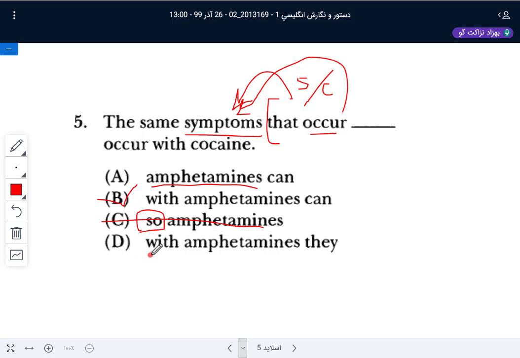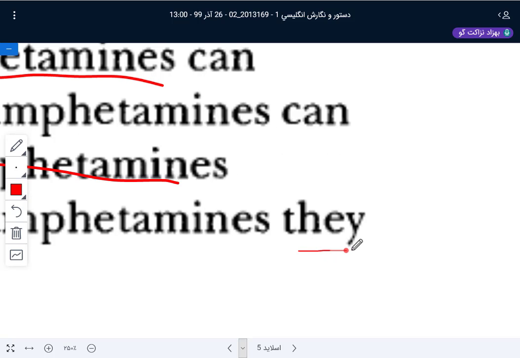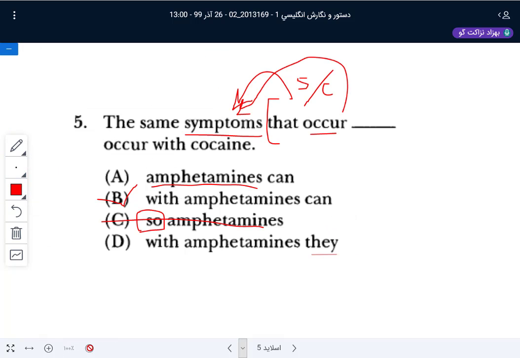And if I choose this one, I will have two subjects. They is the second subject and the first subject is that in the adjectival clause. So two subjects for the sentence, or that occur with amphetamines so far.